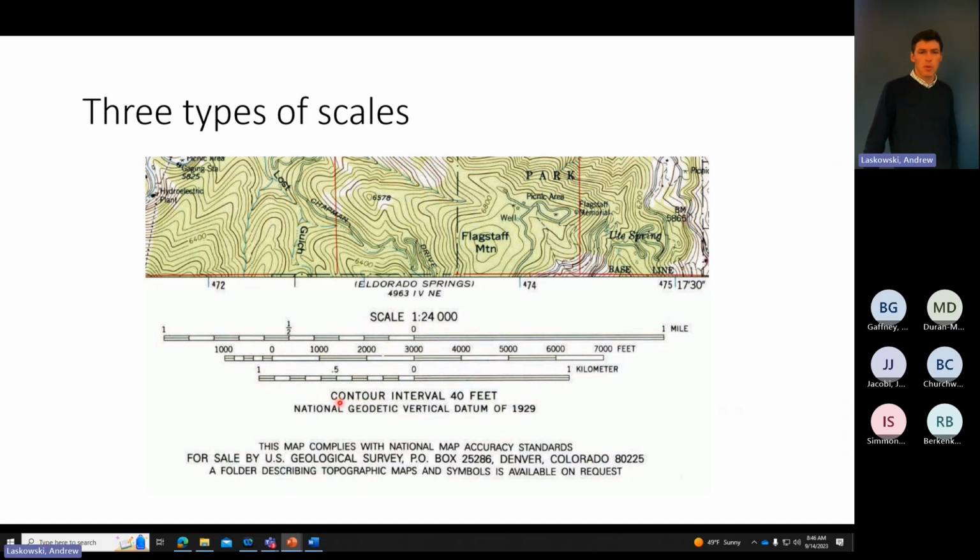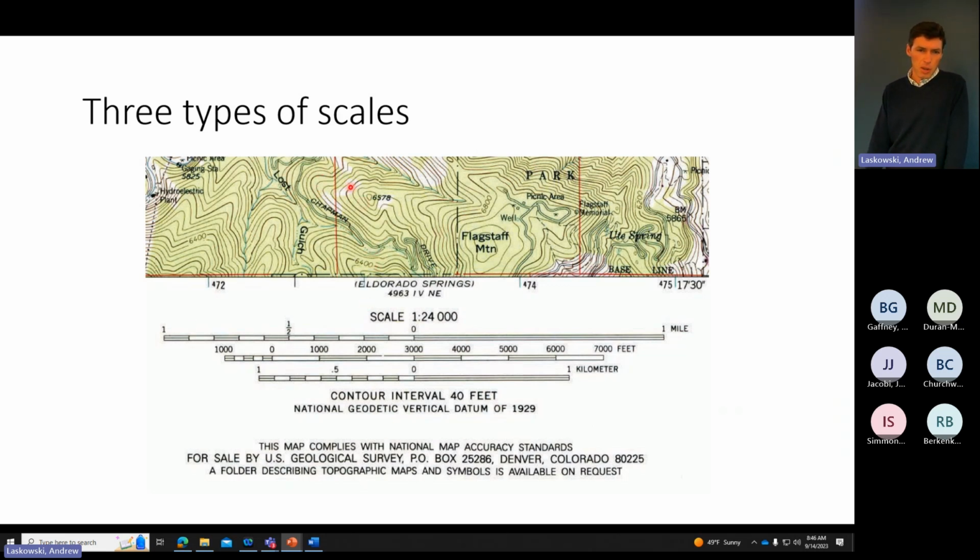In this case, the verbal scale is actually referring to the interval between topographic contours, which, if you've used topographic maps to navigate, you know means the elevation change vertically between each individual line on this map, which represents elevation values.